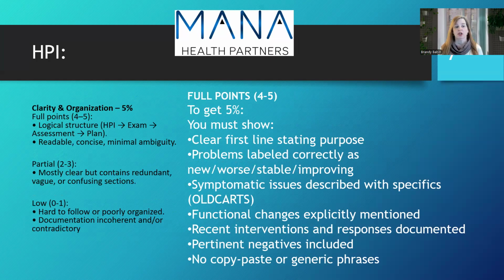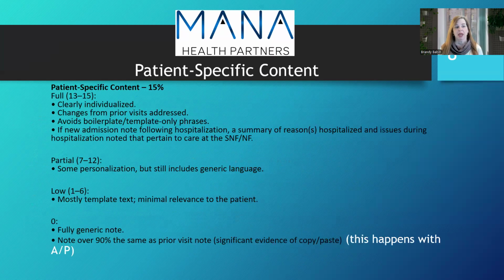So this is where you have your problem, whatever you put in your HPI, and what is included in that. As far as your patient-specific content, again, it's not choosing my snippets. It's choosing my snippets and customizing it toward the patient, or writing your own note independently every single time.